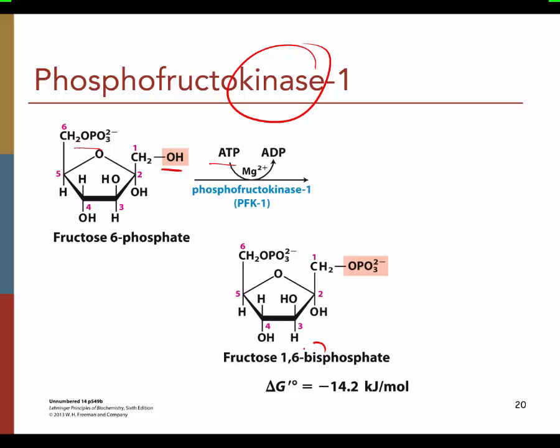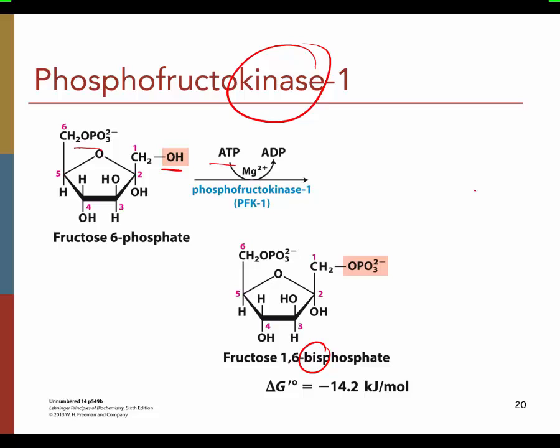Okay, so the bis means there's two phosphate groups, but they're not connected to each other. So remember when we talked about ADP, adenosine diphosphate? So di also means two, but in a diphosphate, the phosphates are connected to each other. And in a bisphosphate, there's two phosphate groups on the molecule, but they're not connected to each other.